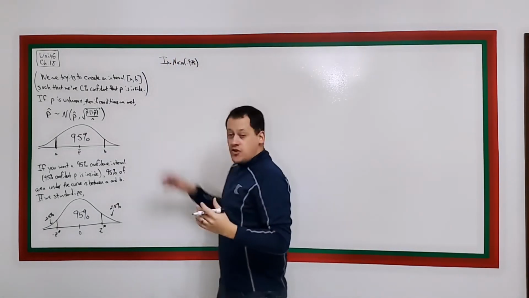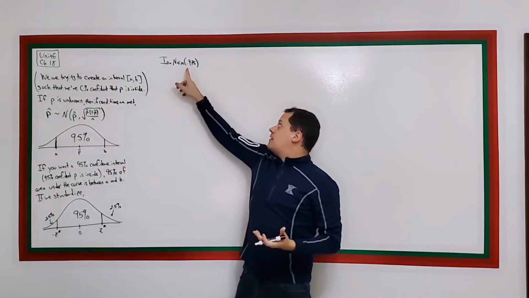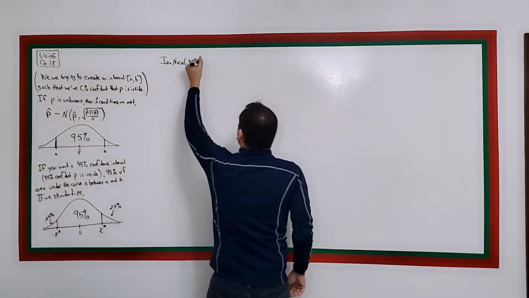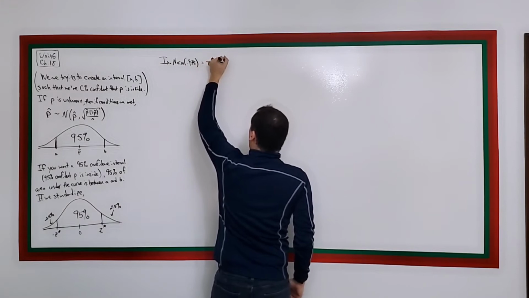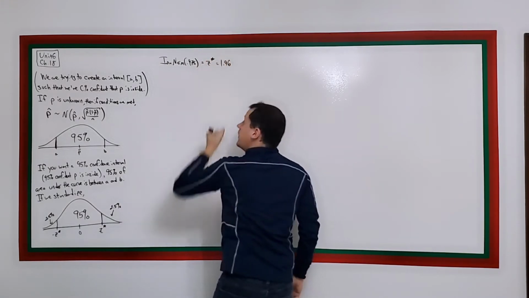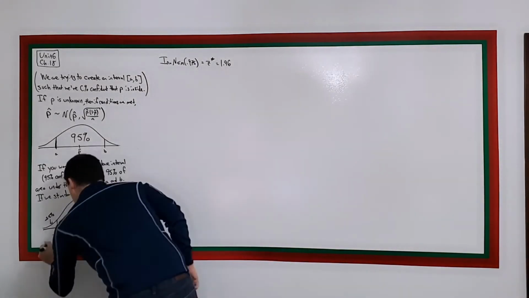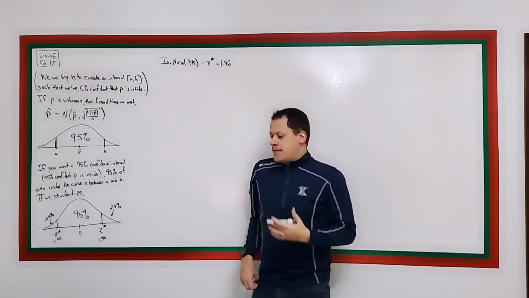Okay? And you could do this on a newer calculator as well. You could just do area 0.975 to the left. And that will give you z star. And it turns out that's 1.96. And that would make negative z star negative 1.96.